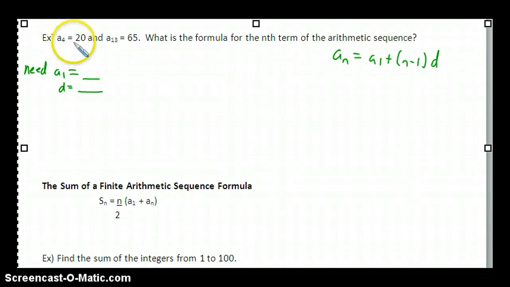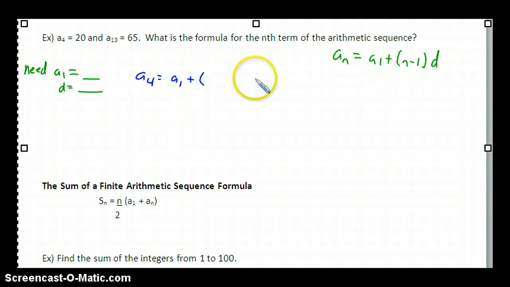So if I'm given the fourth term, let's plug that in. The fourth term is equal to the first term, which I don't know, plus n, which would be the fourth term, minus 1 times the common difference. Actually, in this case I do know the fourth term. I should replace a sub 4 with what it is, 20.